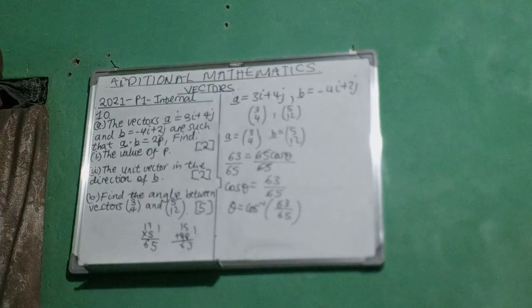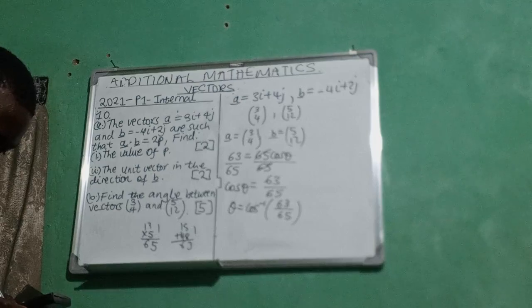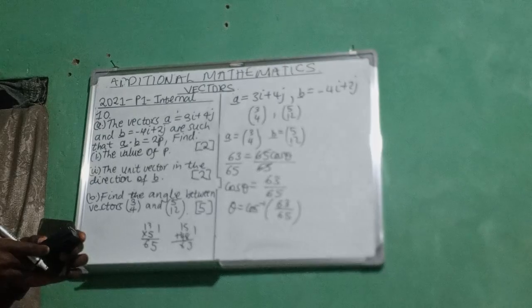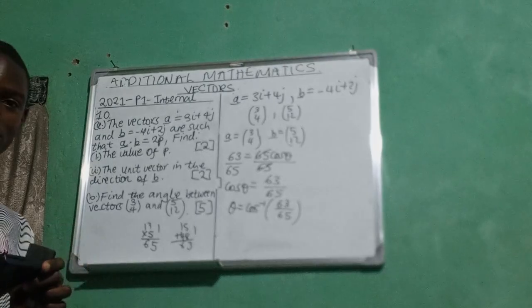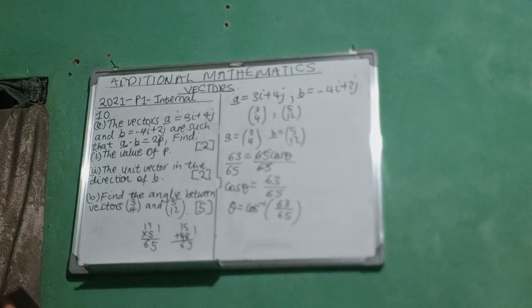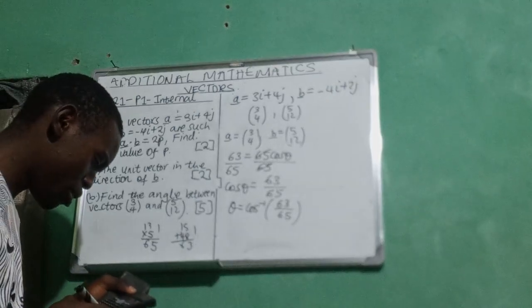Okay, this one you need the calculator. So cos inverse of 63 divided by 65. Make sure that your calculator is in degrees. If it's not in degrees, you're going to have the wrong answer. Make sure that it's not in radians. Your answer will be, of course, here we're getting 14.2.